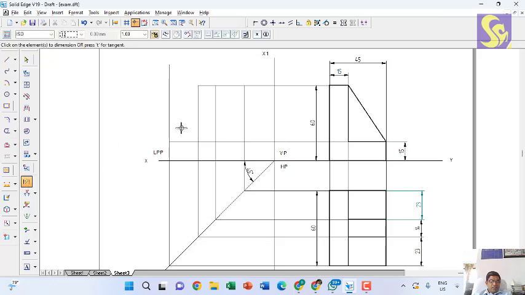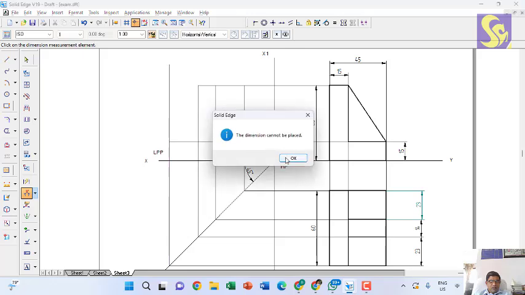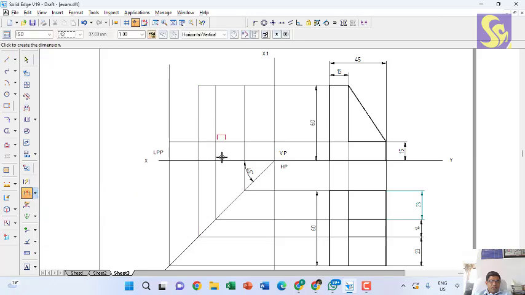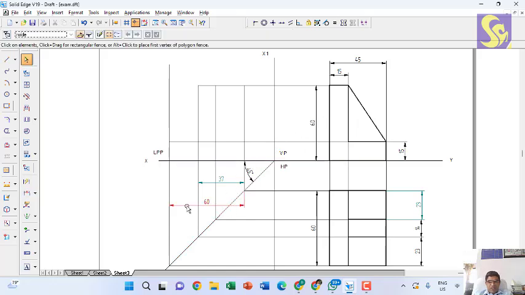Basically, if you take the dimension of this line, rather this line, distance between this and this, it's going to be 60. So this 60 by 15 is going to be completely visible. So I can make this as a block.